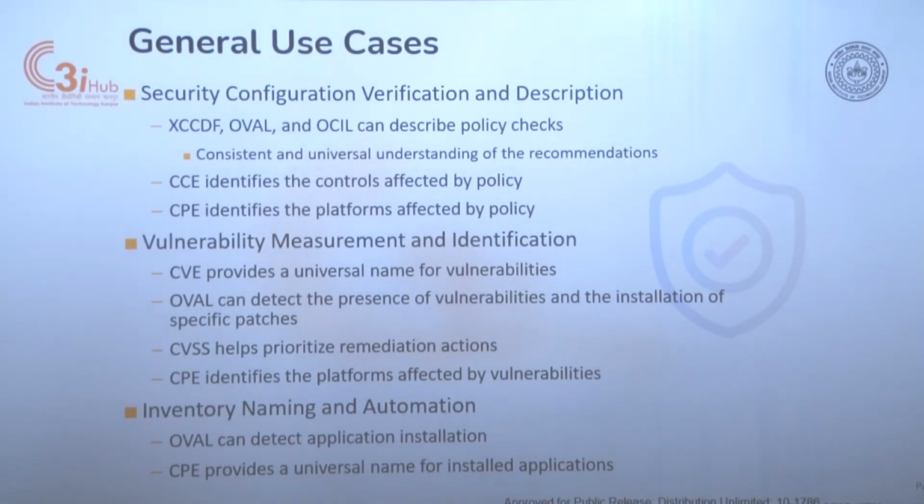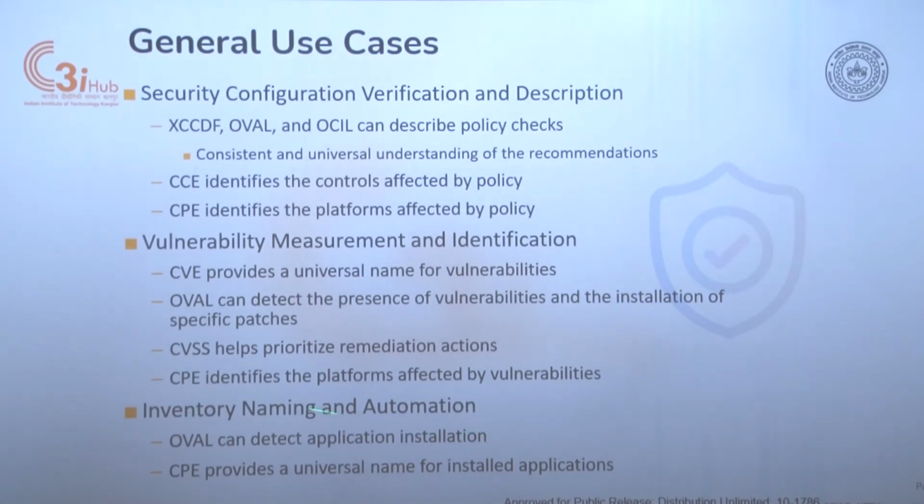However, in recent times, people are moving away from CVSS and going for something called EPSS, the exploitability score. So, you may have a vulnerability of severity 10, but it might be very difficult to exploit, especially in your organization. Therefore, people are moving to EPSS, but that is not part of SCAP.